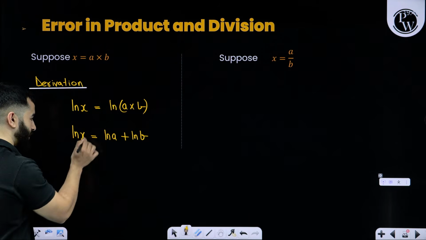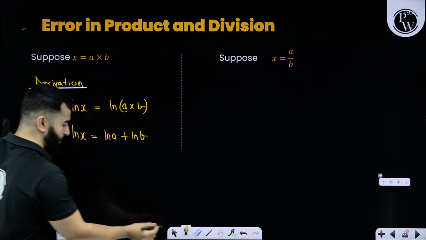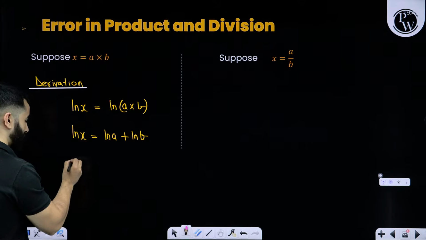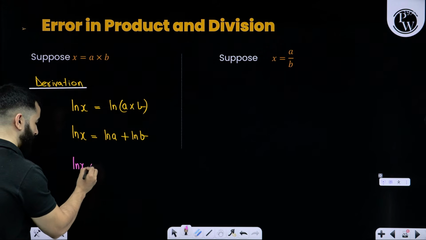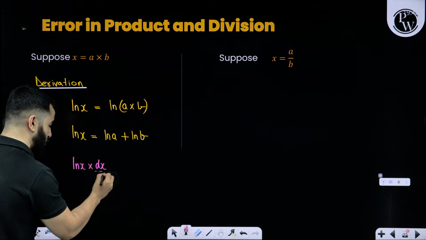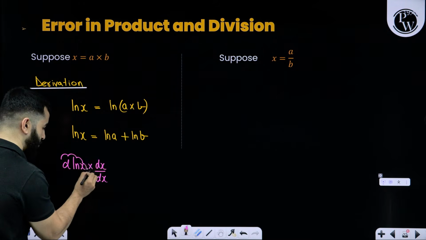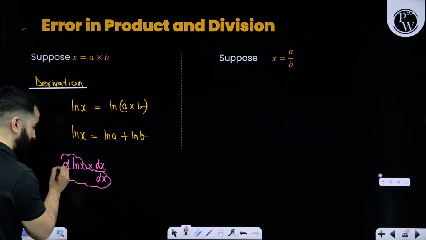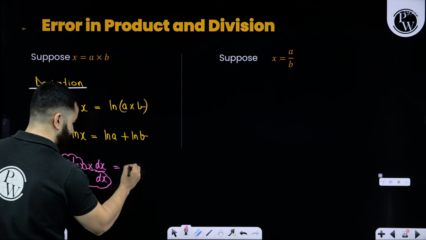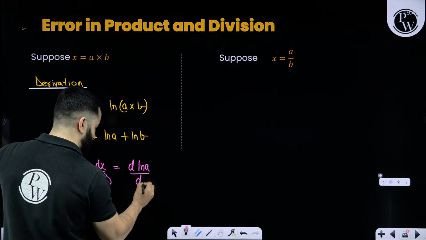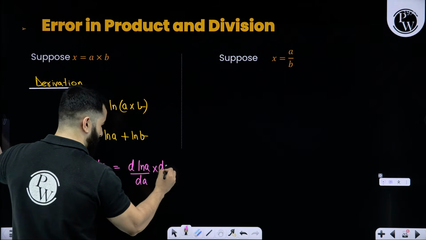So when we differentiate with respect to x, we say this is natural log x, and let's write dx over here, and differentiate natural log x with respect to x. Similarly, let's write differentiation of natural log a with respect to a, and write dA over here.